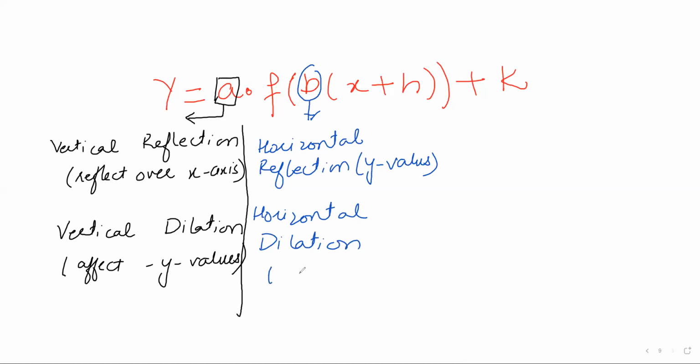Horizontal dilation affects x values. In the bracket I am writing which values are going to be affected when plotting in the graph. The main thing is the factor B is representing horizontal reflection or horizontal dilation. If it's horizontal reflection, we're going to affect the y values. If it's horizontal dilation, we're going to affect the x values.